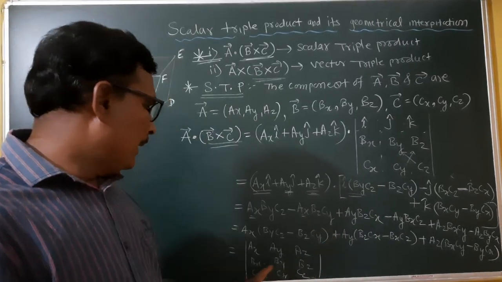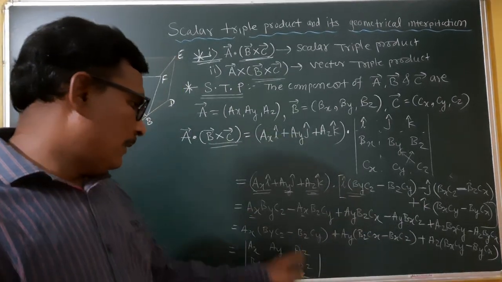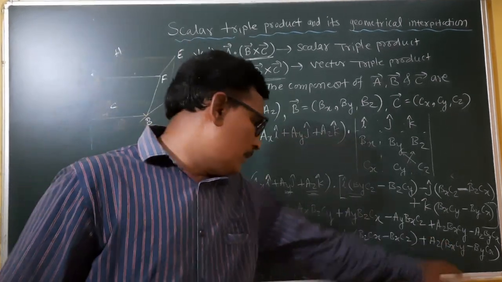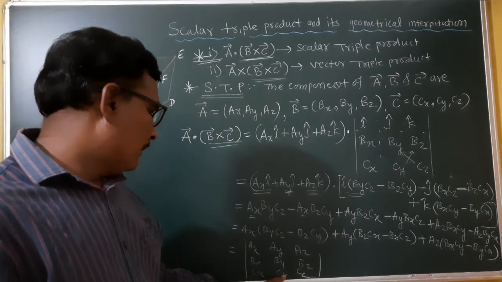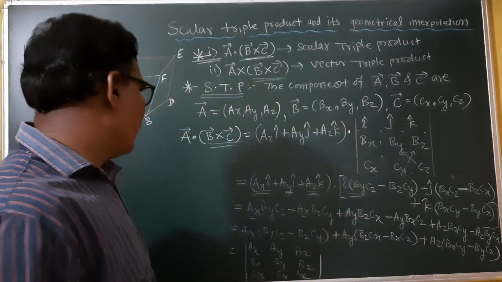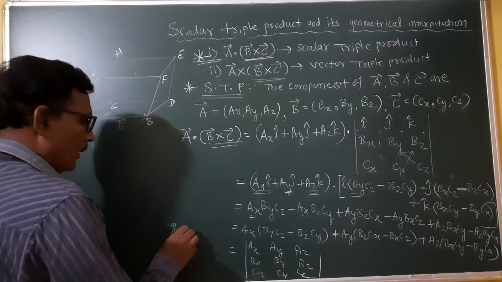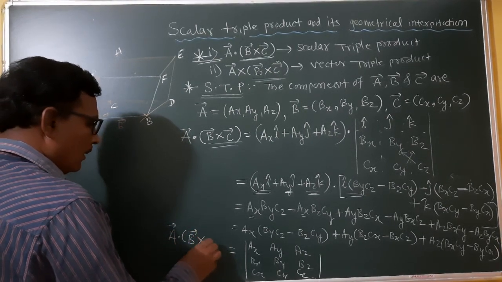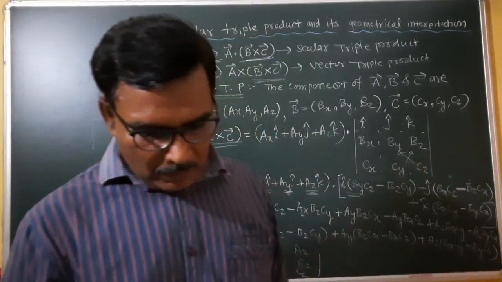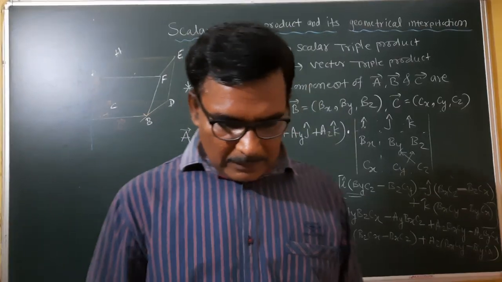And third, az into bracket (bx cy minus cx by). This is a bar dot b bar cross c bar.